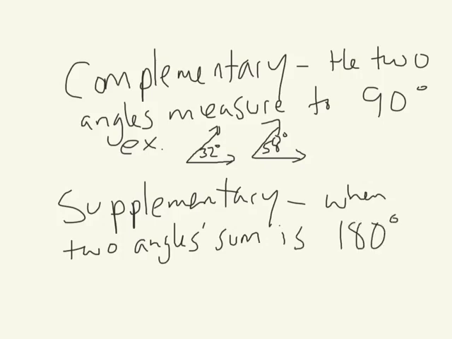So, if we had an angle that was, let's say, 55 degrees, we would call that an acute angle. And then if we had another one that was an obtuse angle, that was 125 degrees, these would be considered supplementary angles because when we add up their measurements together, they equal 180 degrees.